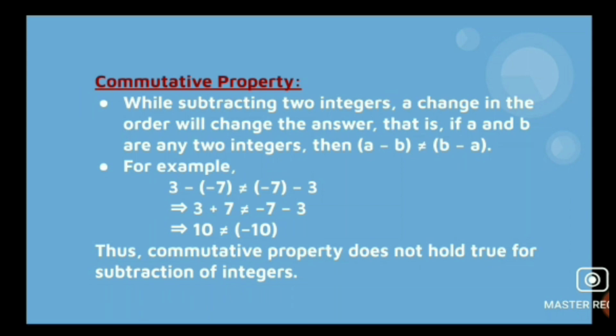Same signs means we have to add and put the same sign before the sum. So minus 10. So here 10 is not equal to minus 10. Thus commutative property does not hold true for subtraction of integers. When we interchange the numbers, surely the answer will differ.